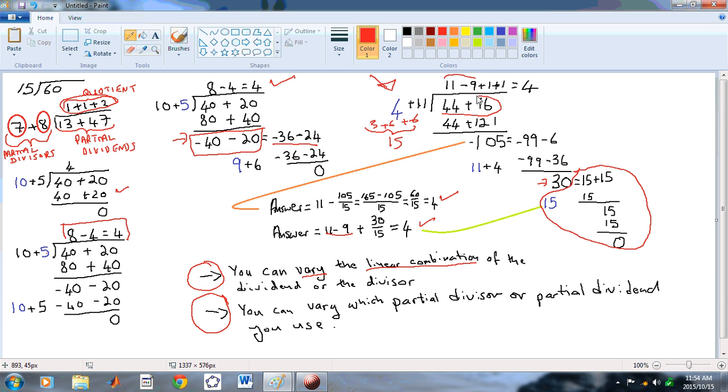Similarly, you could have chosen any linear combination of 60 here. You could have chosen 20, 15, and whatever the remainder is, 25, right? So you could have chosen that, or any other one that you fancied. So now, what I've done here is I've just given you some background, and now I'm going to show you some of the theory behind it.